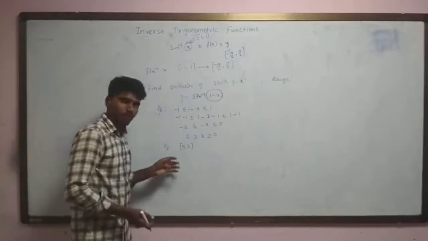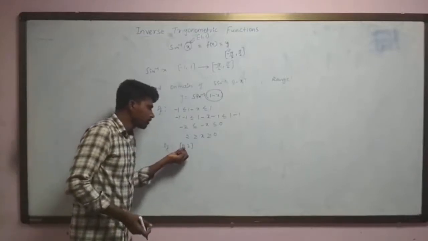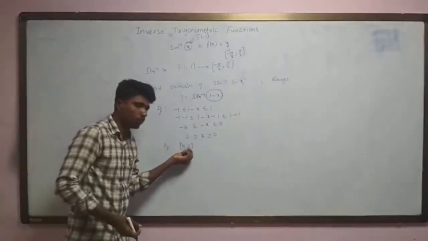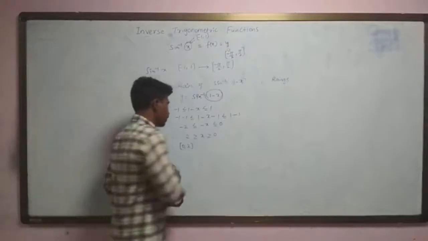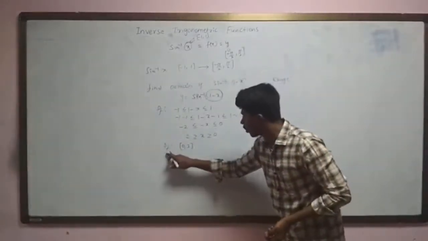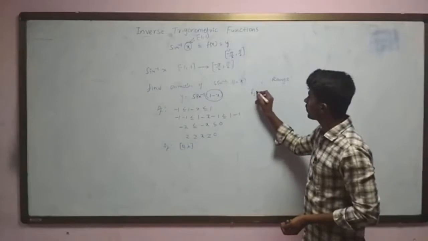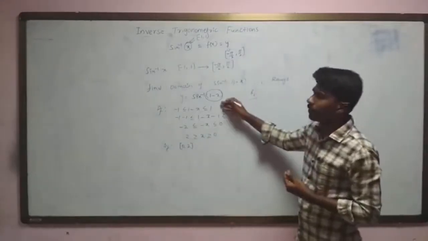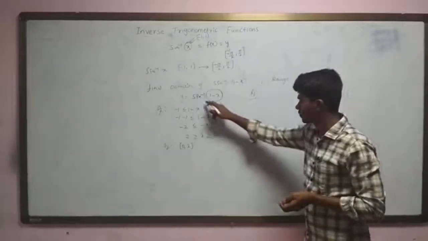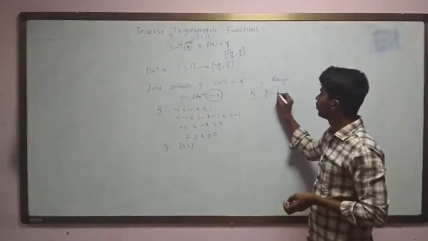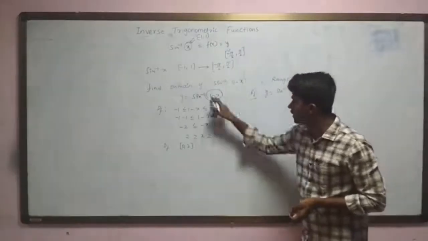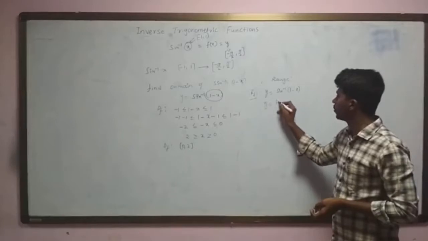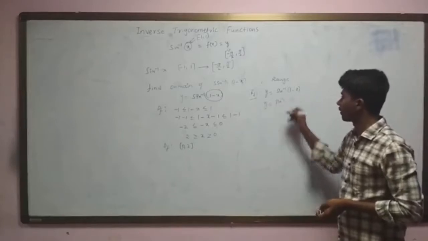Now its range depends on the domain. If the value of x is 0, what value am I going to get? And if x is 2, what am I going to get? The range of the function depends on this. The least value of x is 0, so I substitute 0 in the given function: y is equal to sine inverse of 1 minus 0, so y is equal to sine inverse of 1.